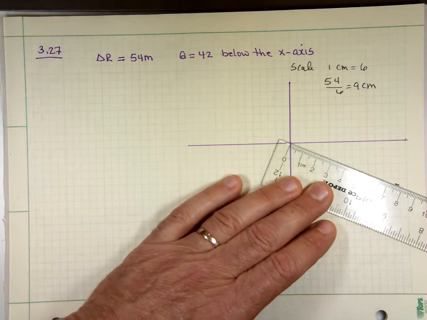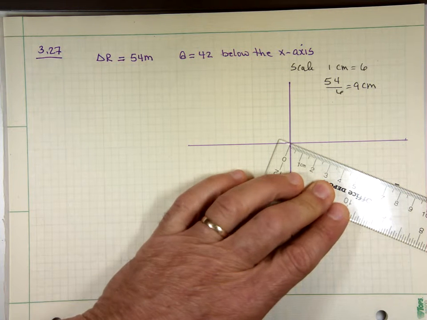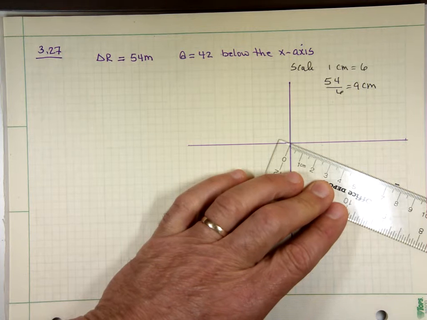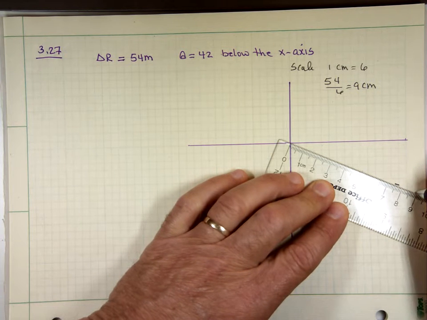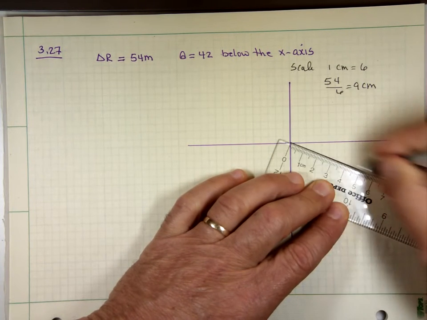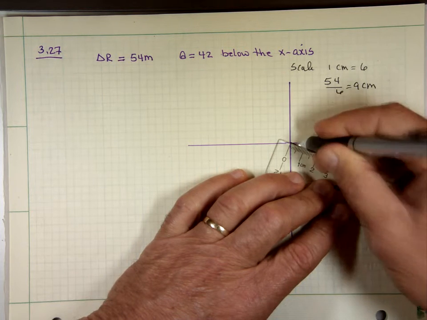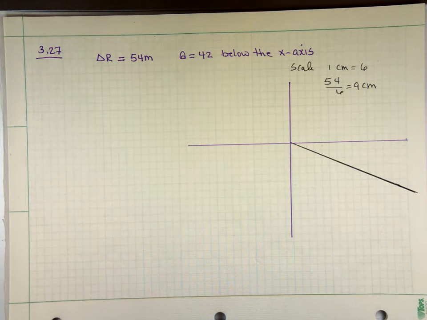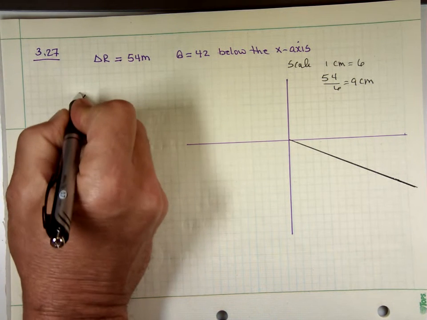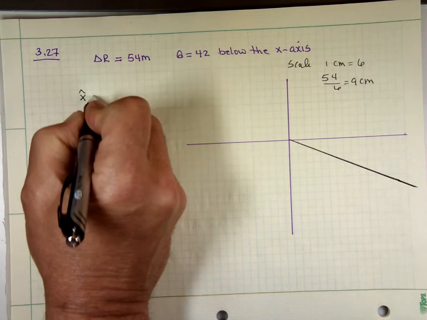Just the right size. That's 9. So that's where the vector is. And the question, what's the x and the y component? When they say x hat and y hat, that's the x component and the y component.